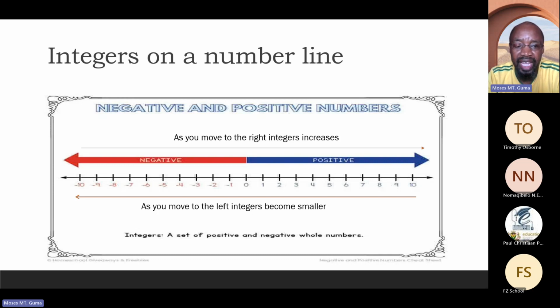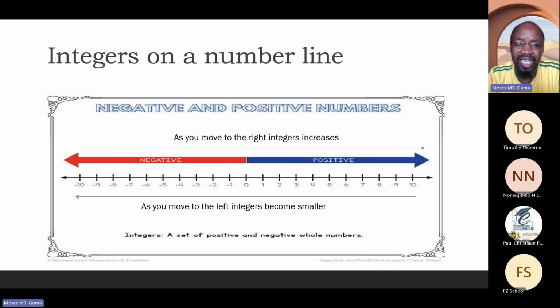Now, we said integers are whole numbers or natural numbers with their negatives. If I'm talking about whole numbers, I start from 0 going there. I have said with their negatives. There are the negative numbers, as you can see. Or natural numbers, I can start from 1. The most important thing is the fact that they will be with their negatives.